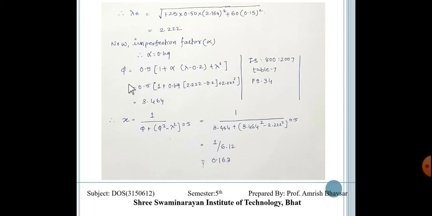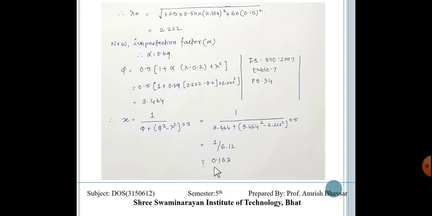So we will get phi as 3.464. Now we have to find out FCD, and for FCD we first find chi: 1 upon phi plus under root of phi square minus lambda square. Putting the two values, we get chi equal to 1.63.